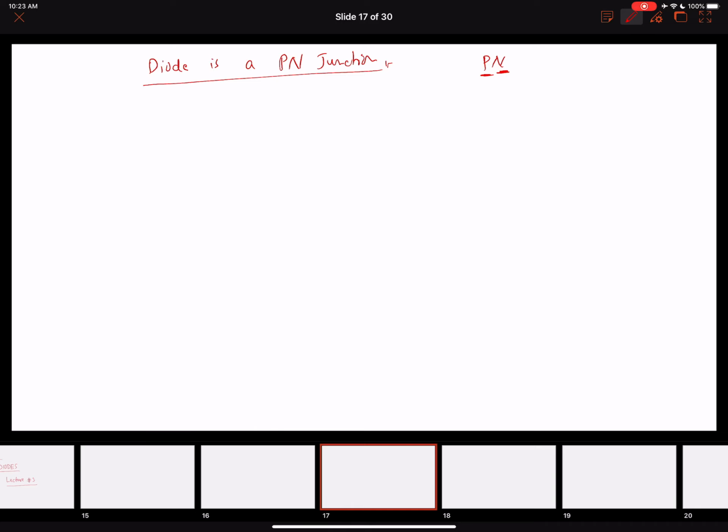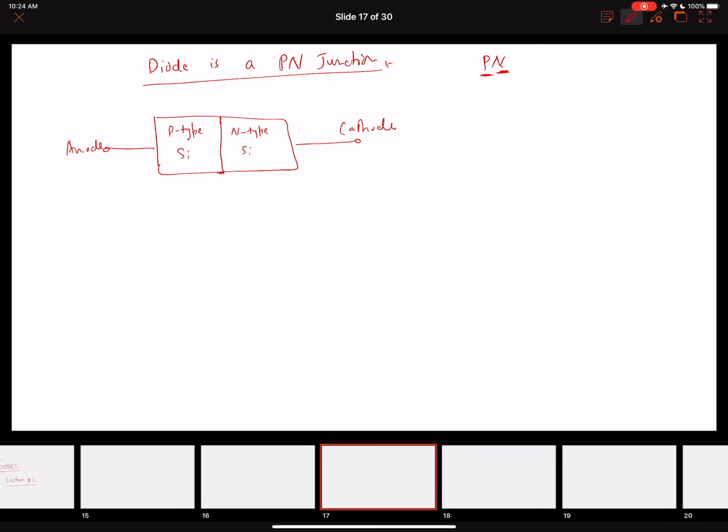Let me actually make a structure and then I will talk about it. So this is how a PN junction looks. This is the anode. This is the cathode. This is p-type silicon. This is n-type silicon. Now you can see that the p-type and the n-type are side by side.